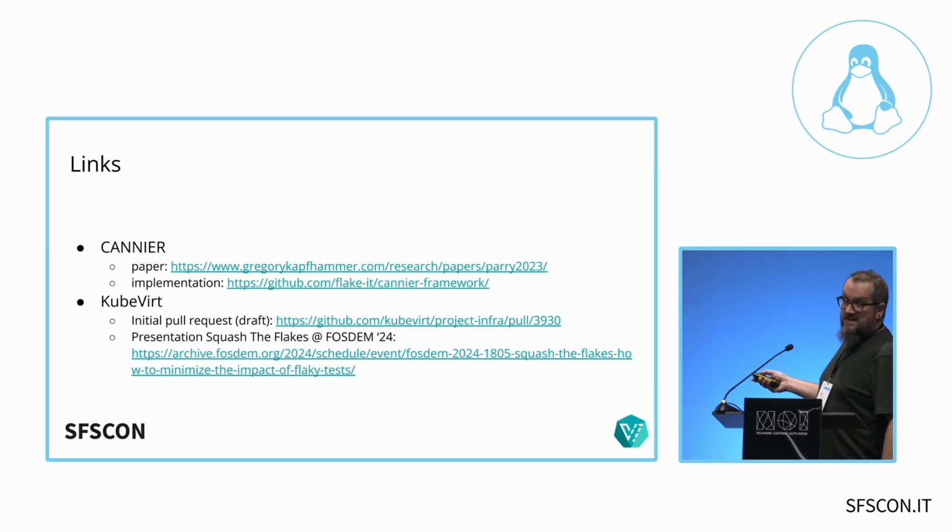There is a pull request which I'm working on, which is storing the work in progress that I've done already. And as a basis to refresh how important an issue flakes are, you can also watch my FOSDEM presentation of 2024.